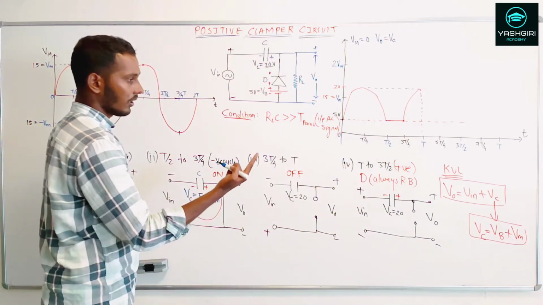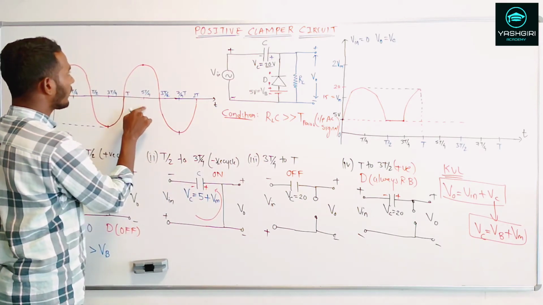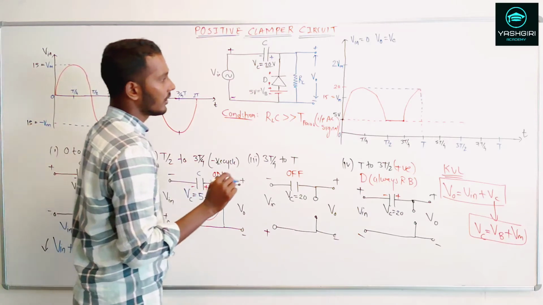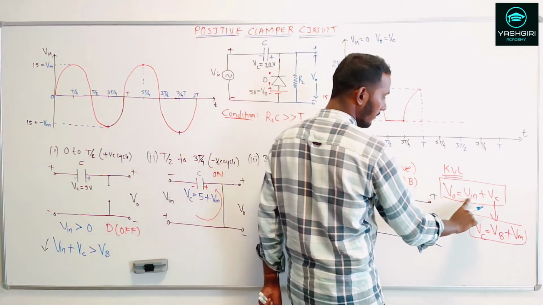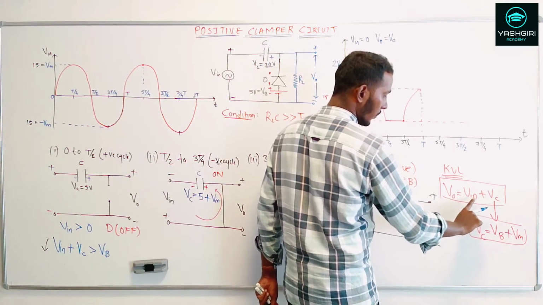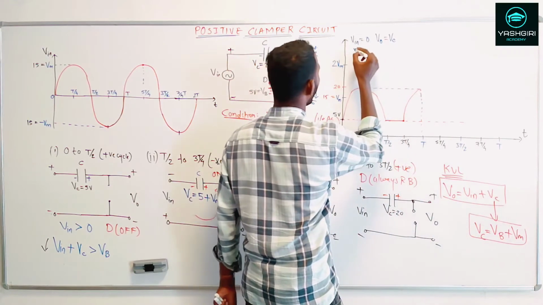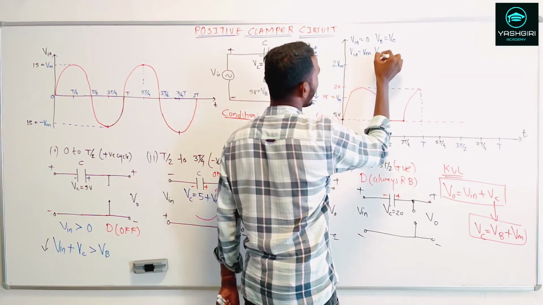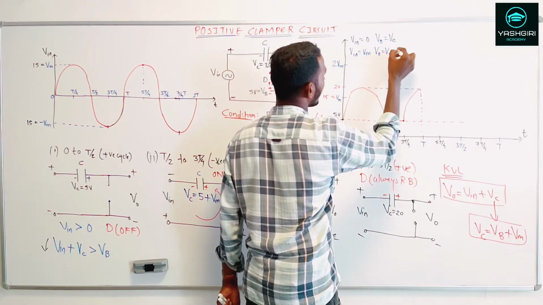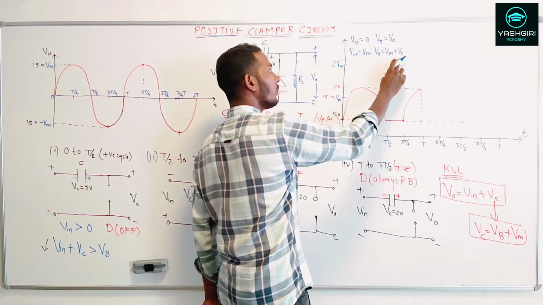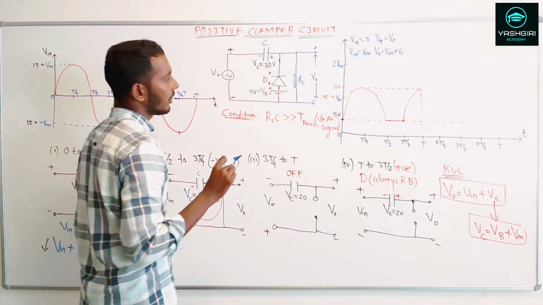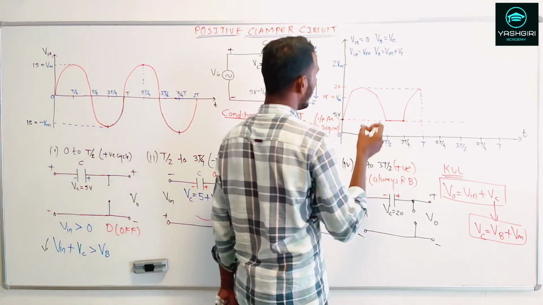Now at 5T by 4, V input is equal to Vm. So when V in is equal to Vm, the output that you will get is Vm plus Vc. Vc is 20 volts and Vm is 15 volts. That means 35 volts will be available.